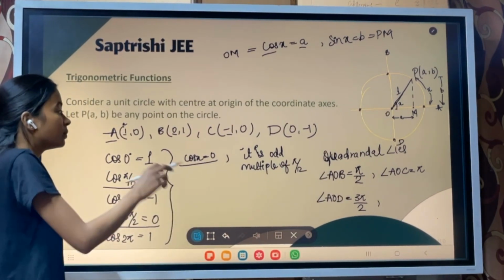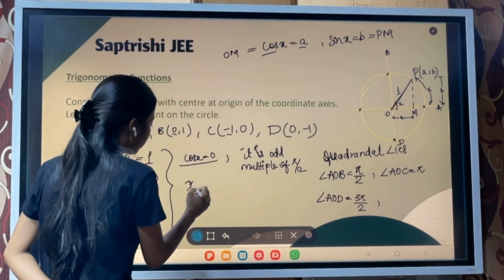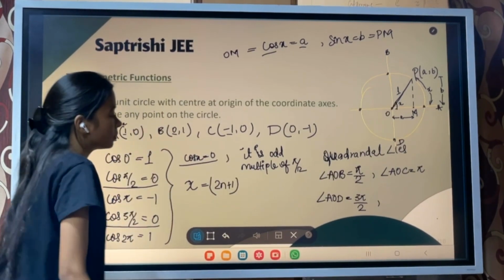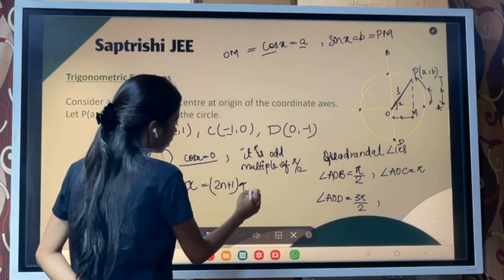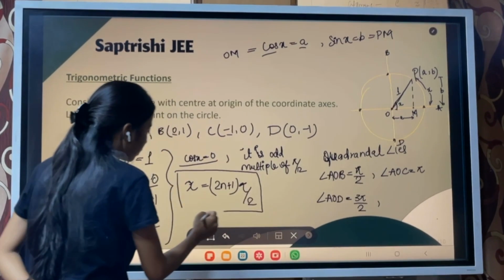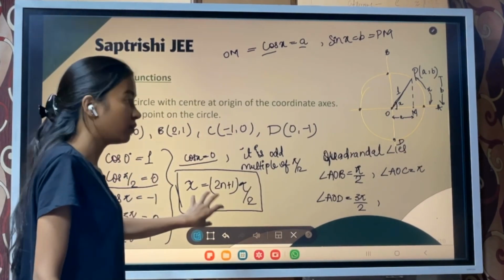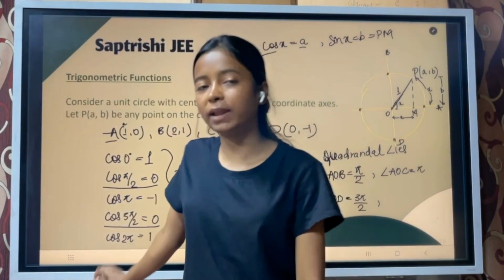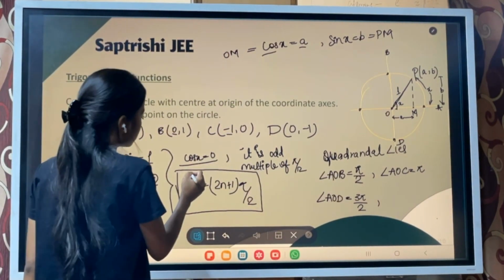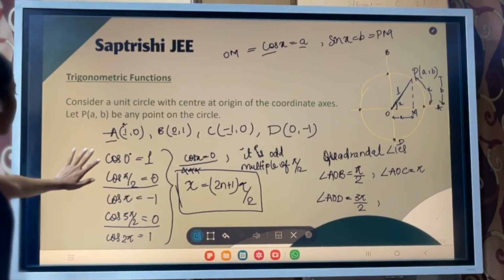From here we can say that the value of x can be (2n plus 1) times pi by 2, where 2n plus 1 covers all the odd numbers. So this is the value we get for cos x equals 0. This is very important. We will apply this part in many concepts, so write it down as an important note. So this is about the cos.